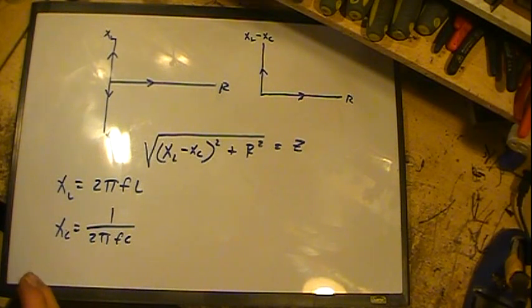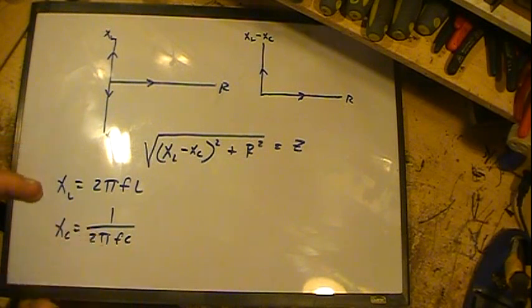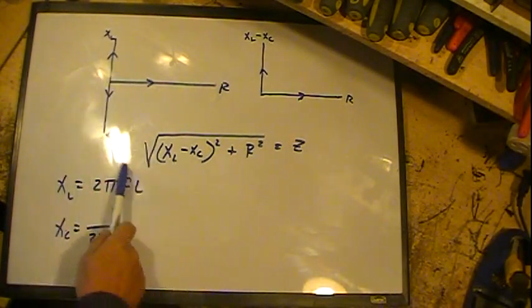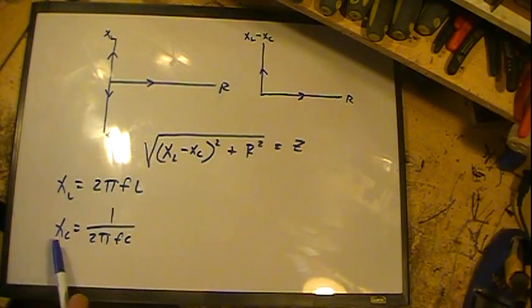So the voltage will peak out before the current starts flowing. Whereas in a capacitor, it's just the opposite. The current leads the voltage by 90 degrees. So the current peaks before the voltage actually starts developing. That's what creates these math formulas for X sub L and X sub C.